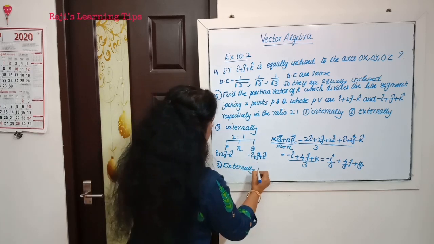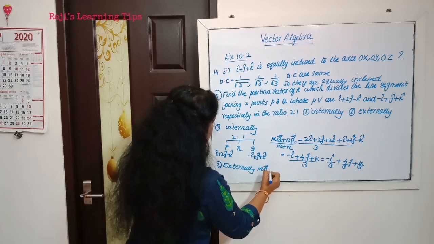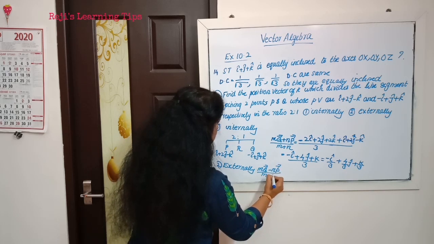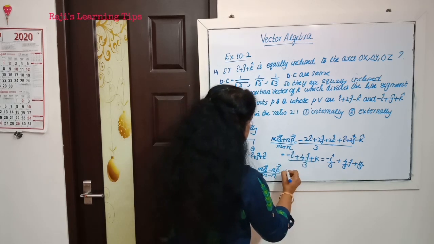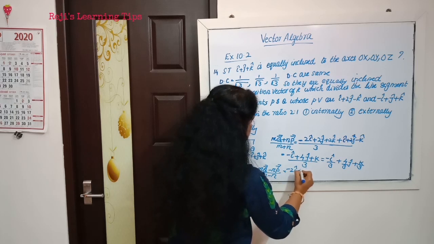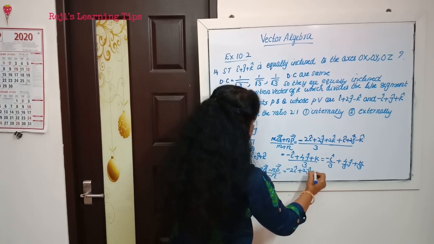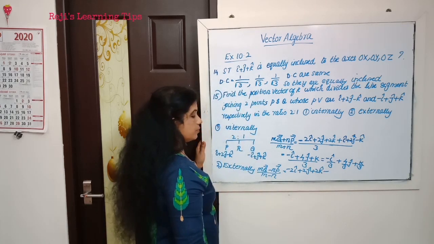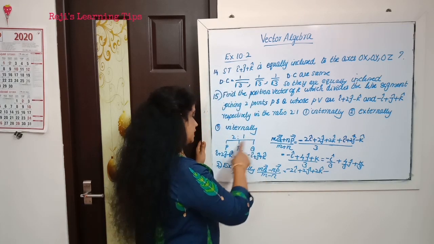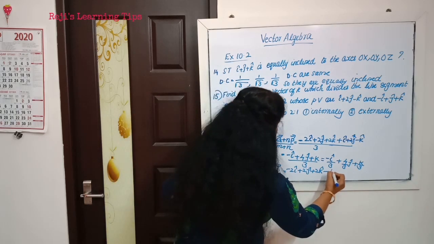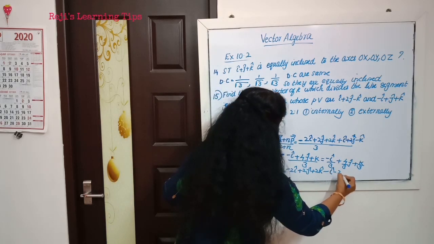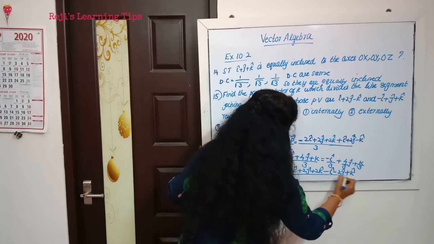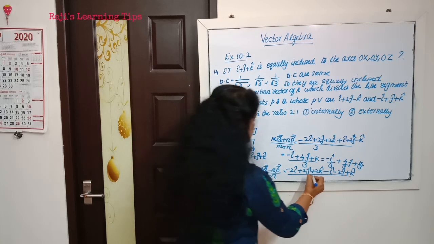That is m q minus n p divided by m minus n. m q means minus 2i plus 2j plus 2k, then minus n p means minus i minus 2j plus k, divided by m minus n, that is 1.